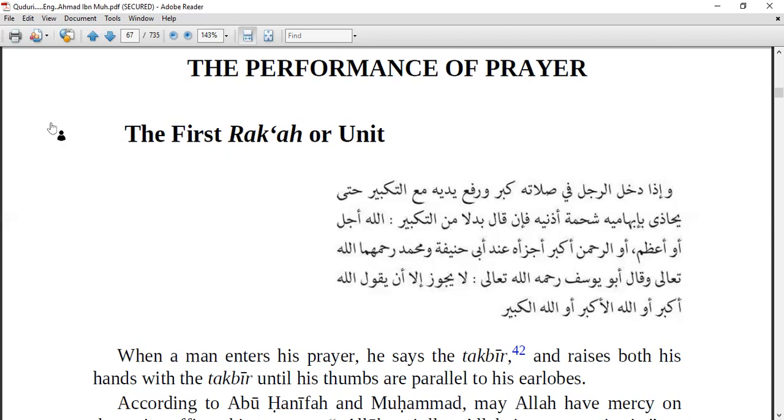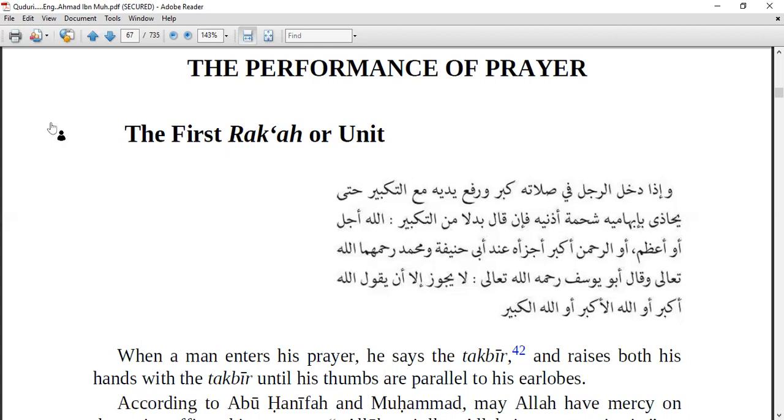And so this khitab is being delivered to the men. He's actually telling the men, Sallu kama ra'aytumuni usalli, pray as you see me praying. It's not for the women because they weren't present over there. And for them, we have to look at how the Ummahatul Mu'mineen radiallahu anhunna or other Sahabiyat used to pray. So we'll go over the text, and whenever there's a distinction between the salah of a man and a woman, I'll mention it to you.